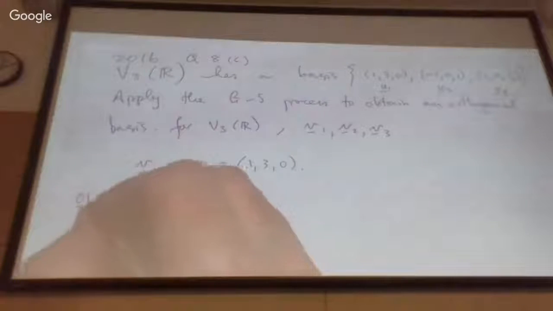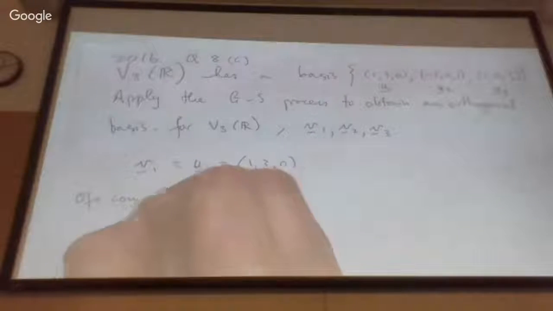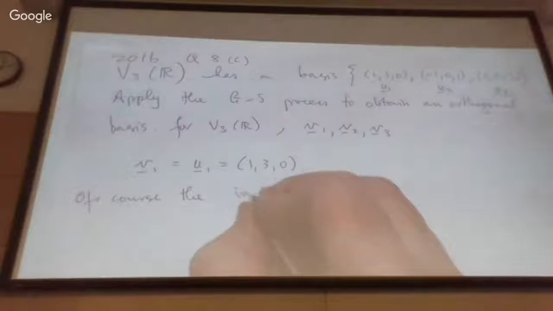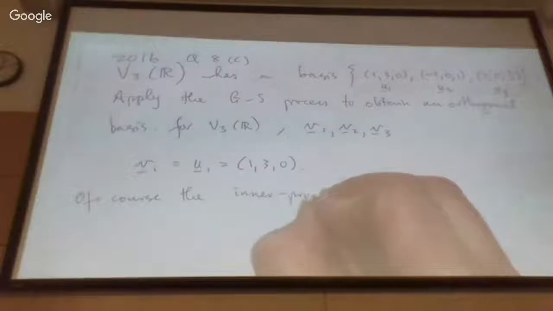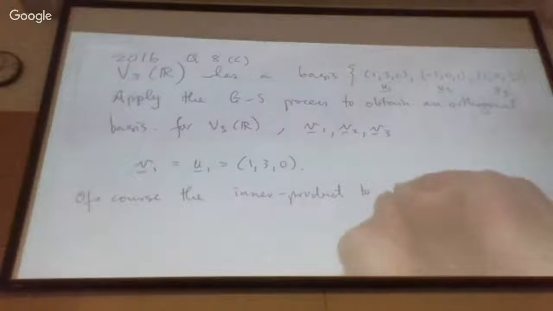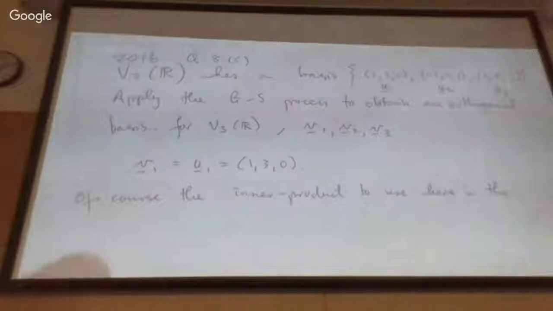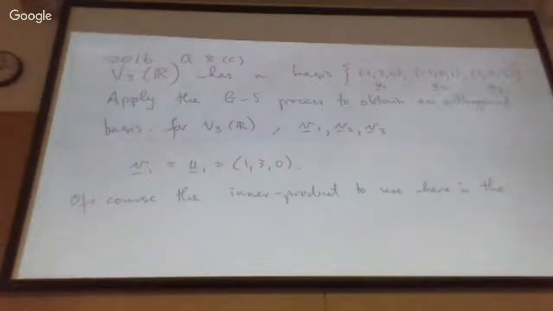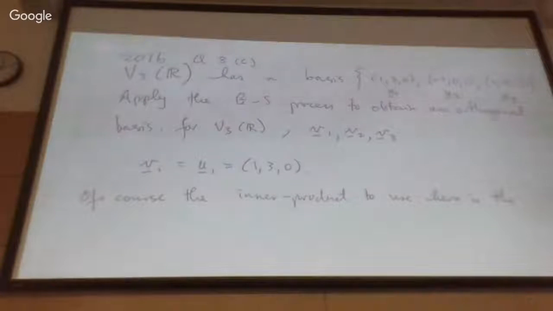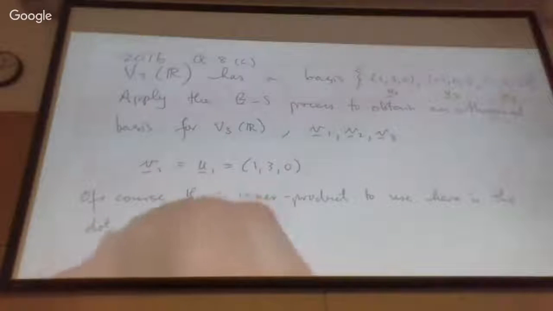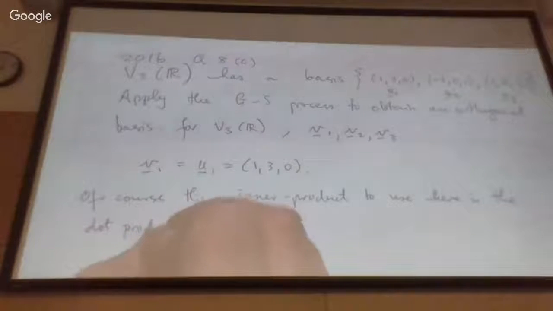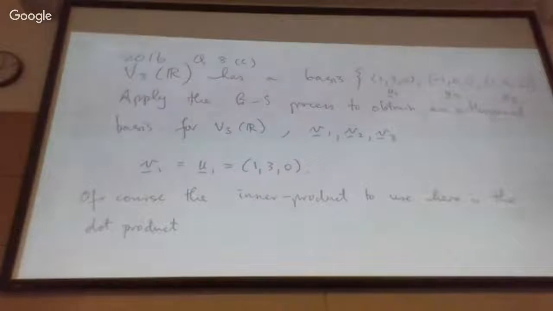Of course, we weren't told anything else, so the inner product to use here is the standard inner product for this space, which is your well-known favorite inner product, the dot product.